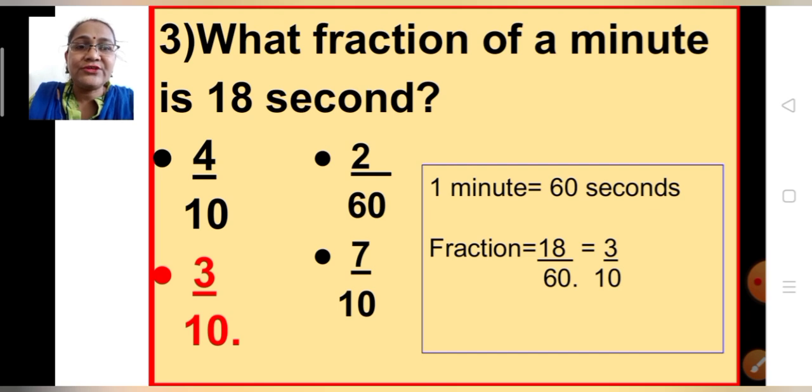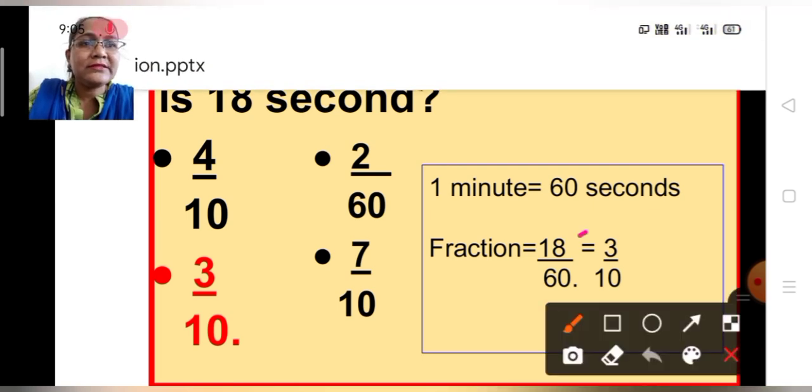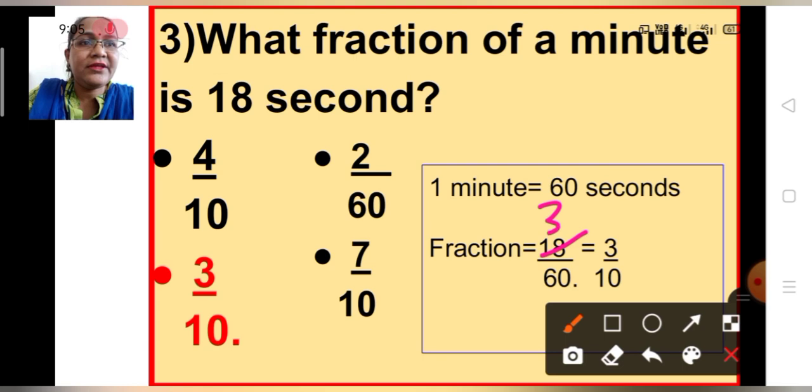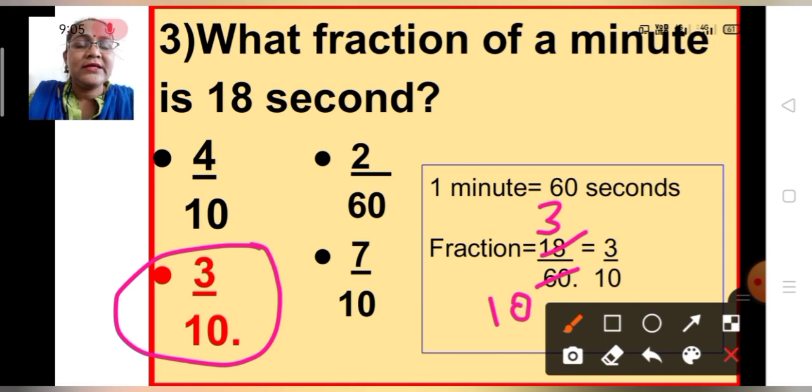So the fraction will be 18 upon 60. That is, if we divide by 6, we get 3 in the numerator and 10 in the denominator. So the required answer is 3 by 10. So 3 by 10 is the fraction of a minute that is 18 seconds.